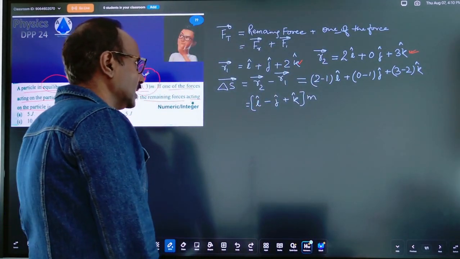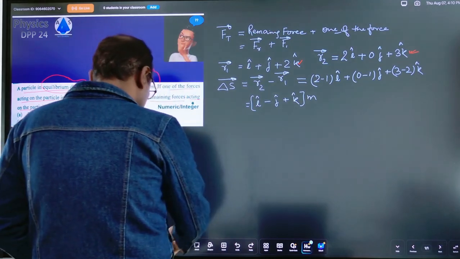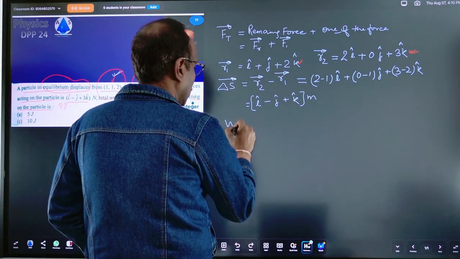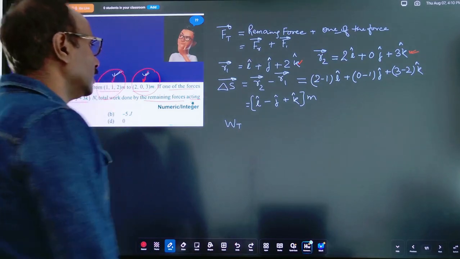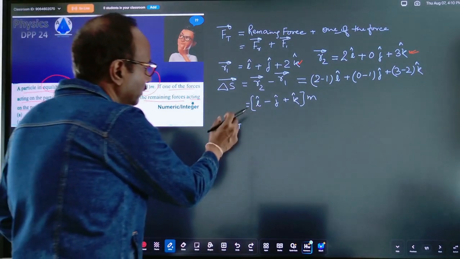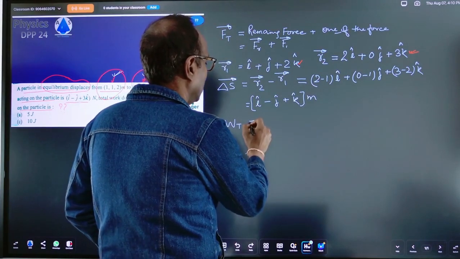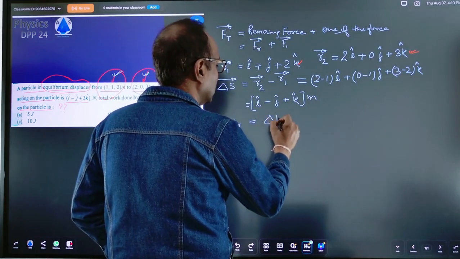So from the work energy theorem, the work done by the total force on the particle will be equal to change in kinetic energy.